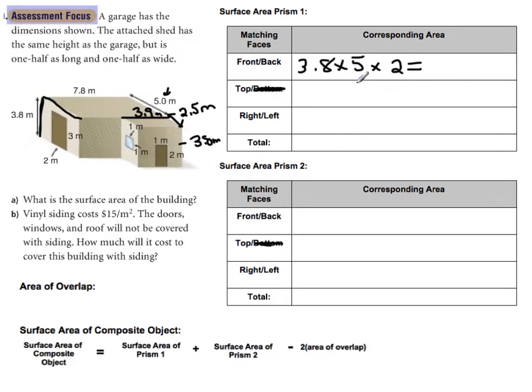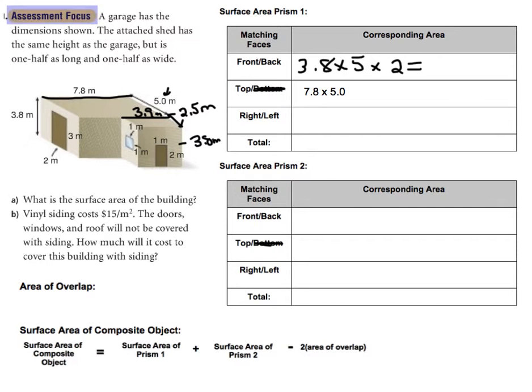Now the top, let me erase this. Now the top has dimensions of 7.8 by 5. I'm going to type it in so it doesn't sound so clicky. 7.8 times 5. And we're not going to times it by 2 because we're not going to include the bottom in. Okay, so there's no times by 2 because we're only talking about the top here.